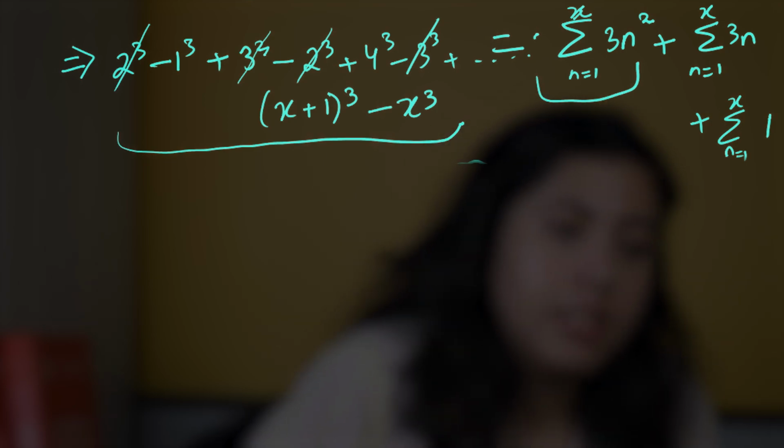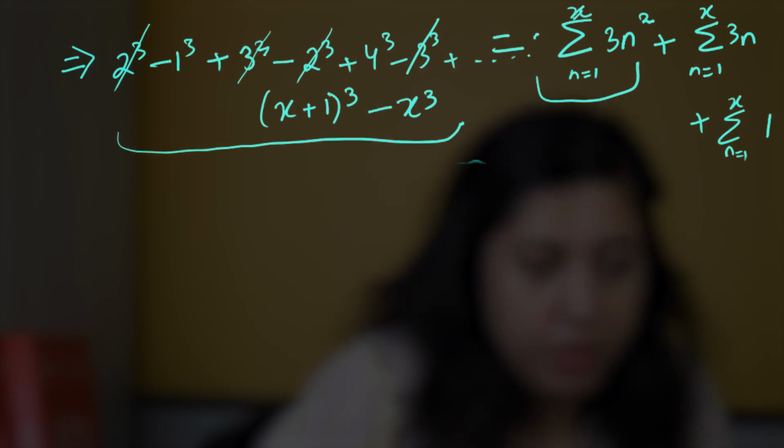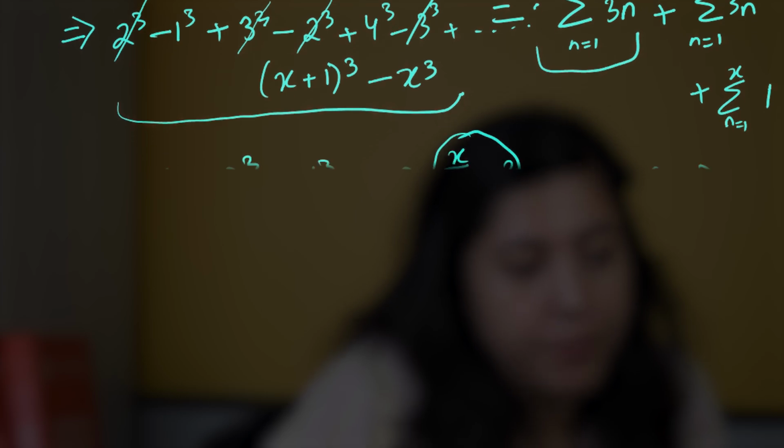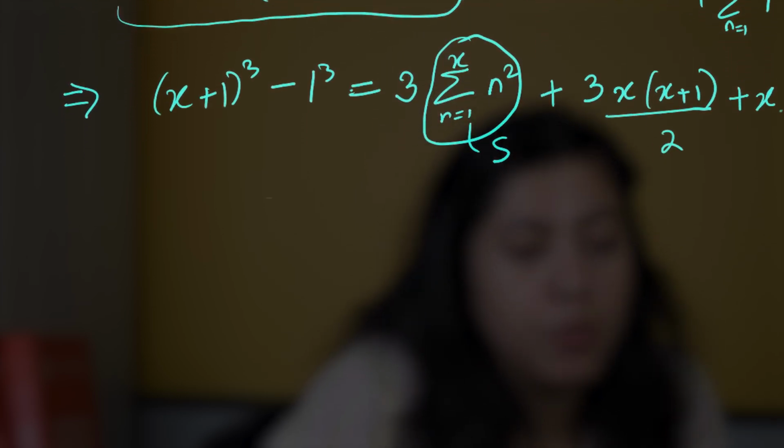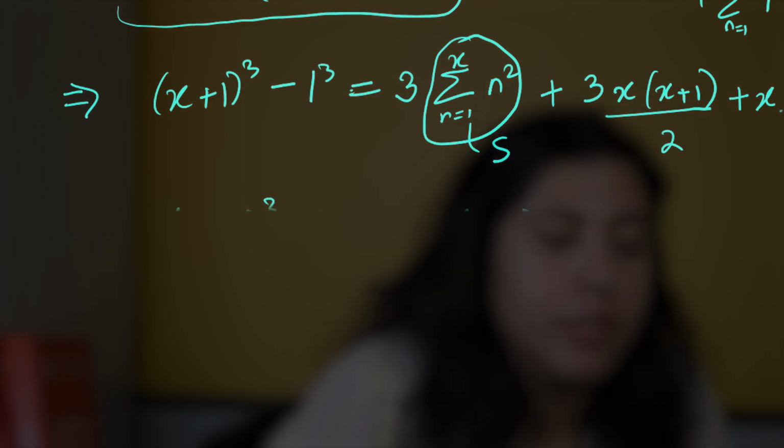Now the first term includes what we are figuring out, summation of n square. So taking 3 common, we have summation of n is equal to 1 to x of n square. That is the summation we need to find. Let's name it as s.